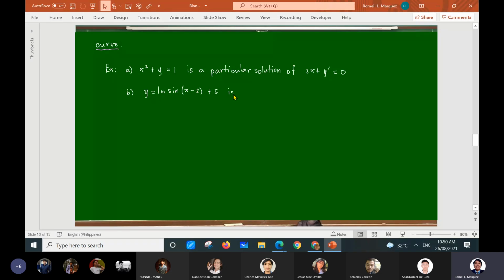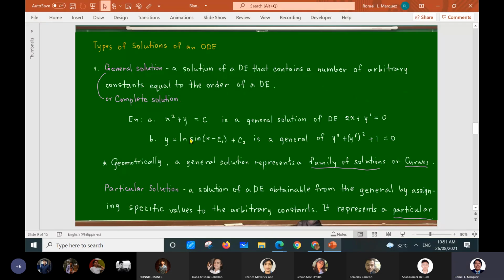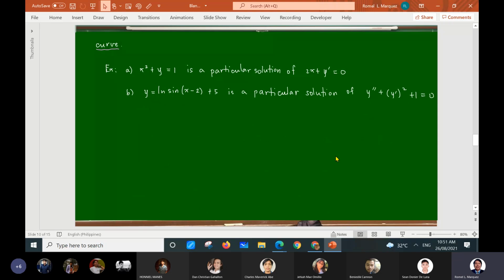So this is a particular solution because there is no more arbitrary constant, of y double prime plus y prime squared plus 1. When you solve this DE, it satisfies this. So if I assign particular values to c sub 1 and c sub 2, that general solution becomes a particular solution.